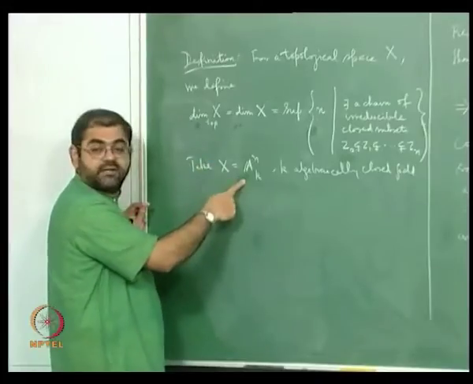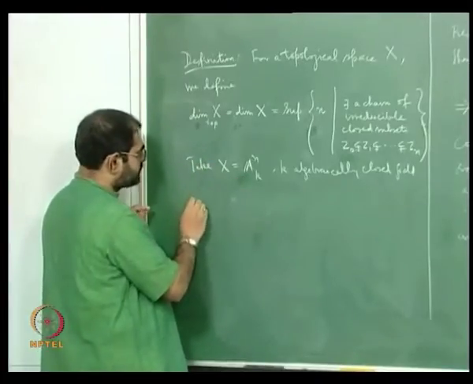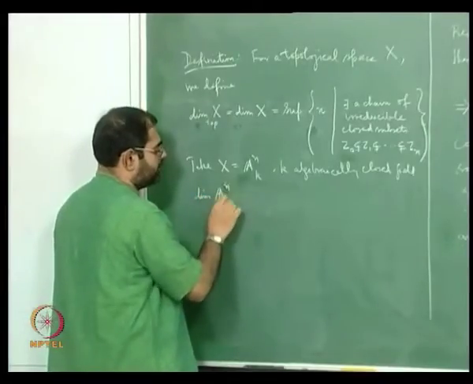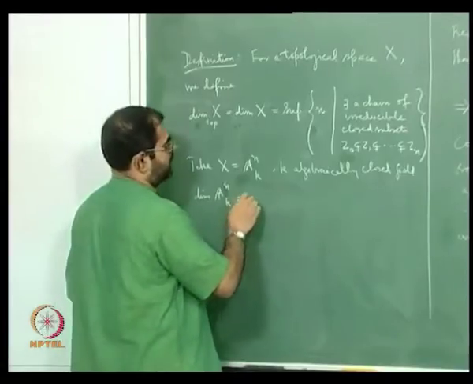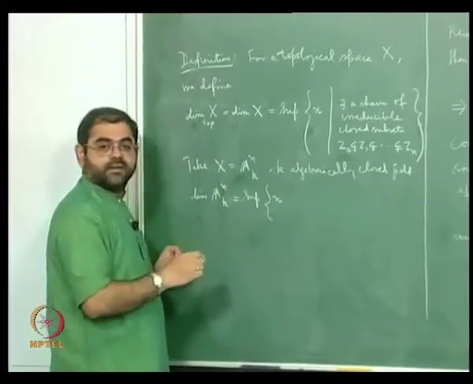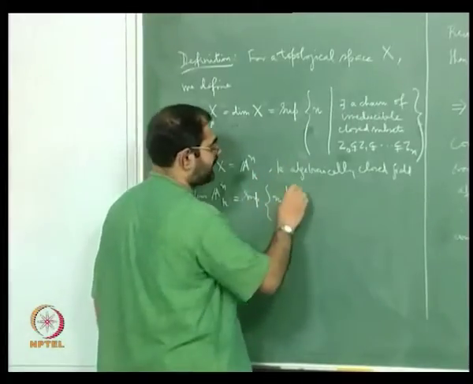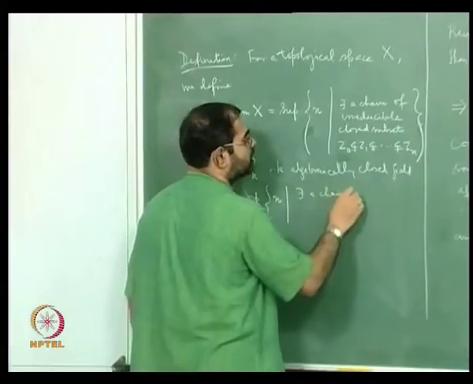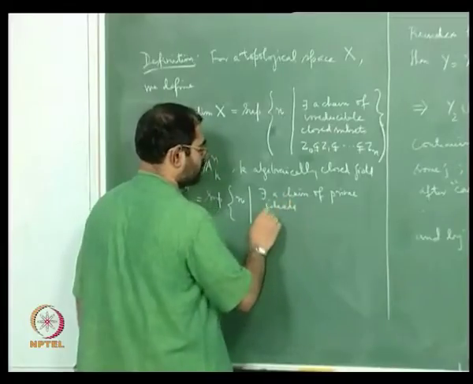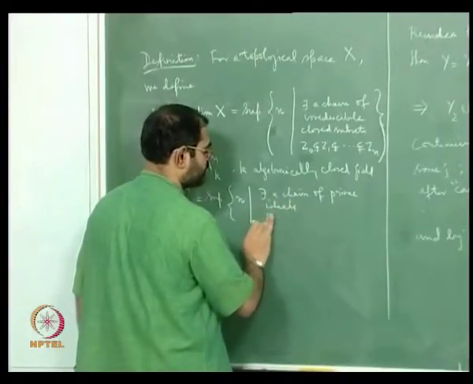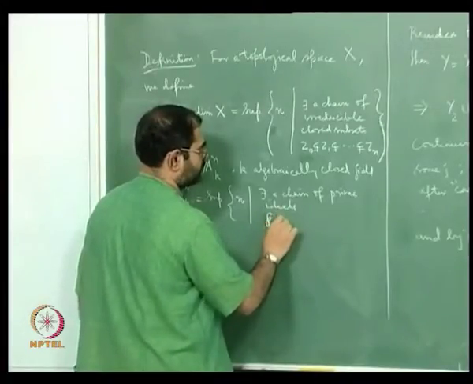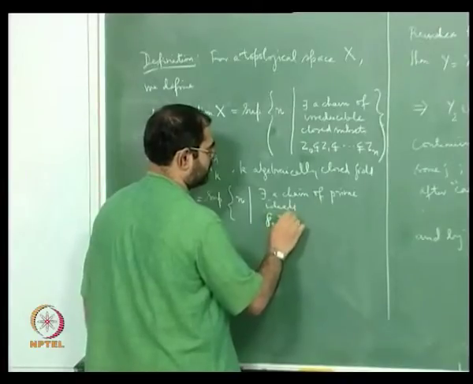So what will this definition translate to here? It will translate to the following: the dimension of affine n-space over K, the topological dimension, is the supremum of all the n such that there exists a chain of prime ideals, script P0 properly containing P1.